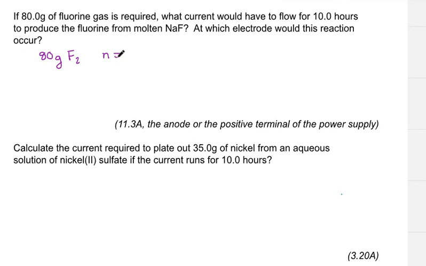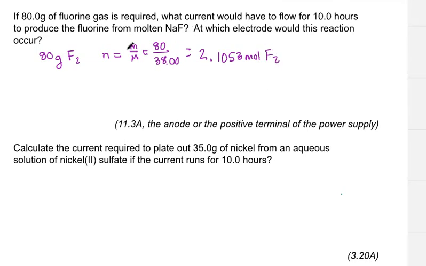The number of moles of fluorine that we're talking about is mass divided by molar mass. 80 divided by, fluorine's molar mass is 19 per atom, but it's 38 for F2, which is what fluorine gas really is. 80 divided by 38 is 2.1053 moles of fluorine.